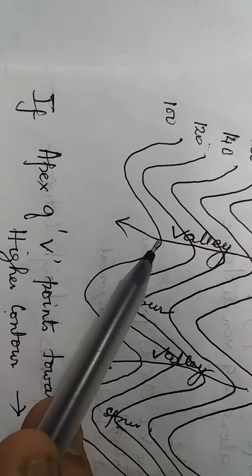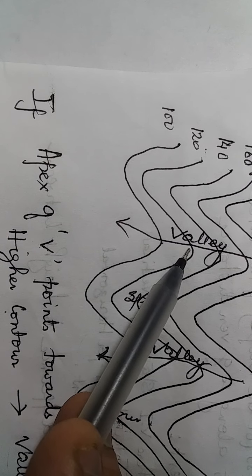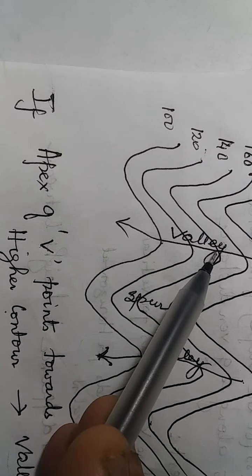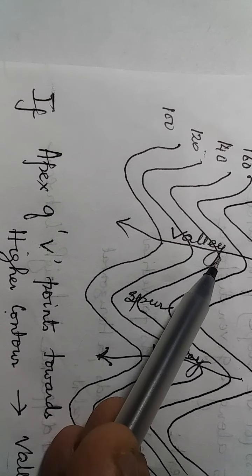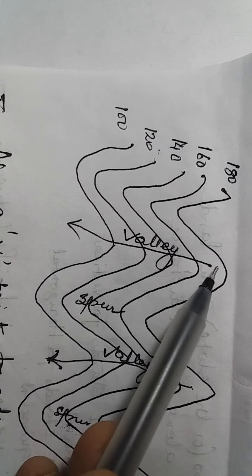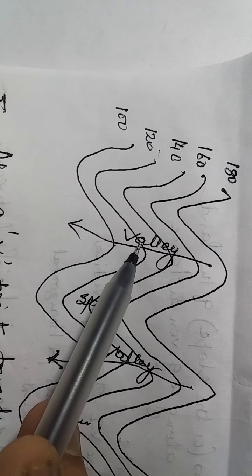Let us take this. This is the apex of V. Now this apex of V will be pointing towards a higher contour. This is 100, it will be pointing towards 120. This will be pointing towards 140. This will be pointing towards 160. And this will be pointing towards 180. So therefore this is a valley. And this is the direction of the stream. A valley will always be accompanied by a stream.